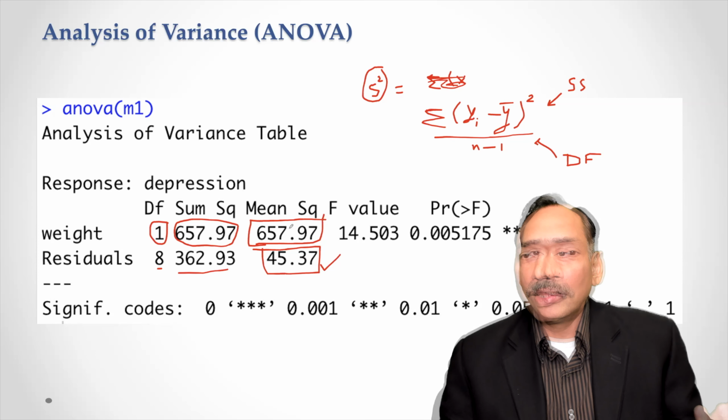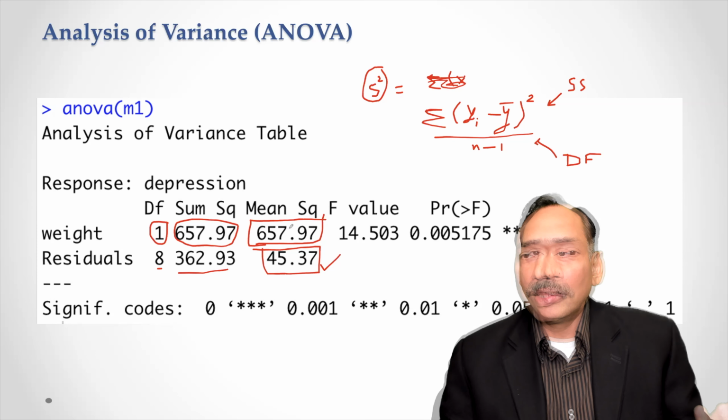Now, how much greater is good? It totally depends on how much data you have and the kind of variability that we see. So we leave that part to the F distribution, and we come out with a p-value that we are familiar with. The p-value tells us that it is significant.